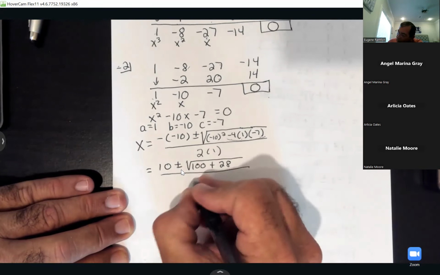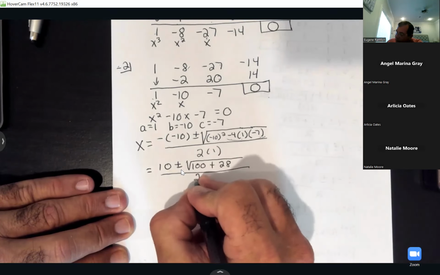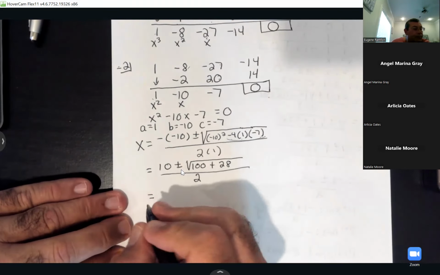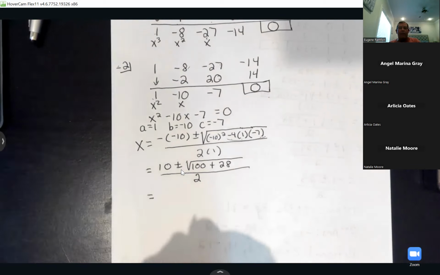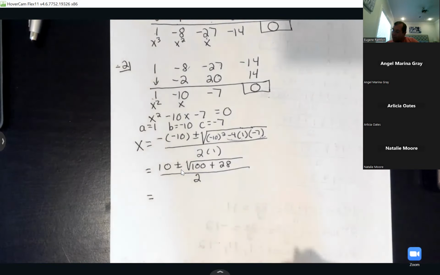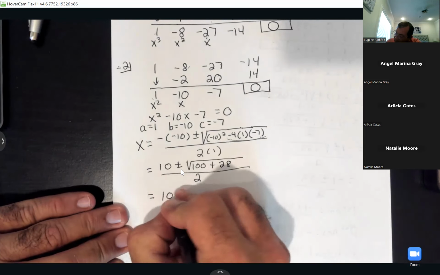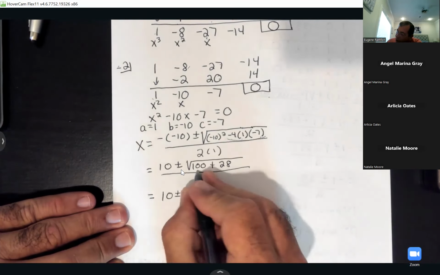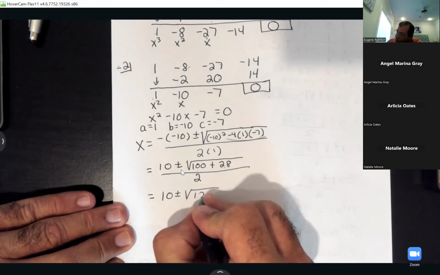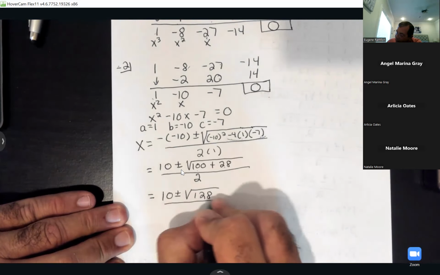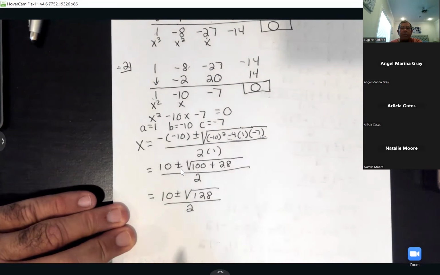All this over 2. All righty, y'all, so let's see what we get. That 10 comes down, plus or minus the square root of 100 plus 28, which gives you 128. All of that over 2.